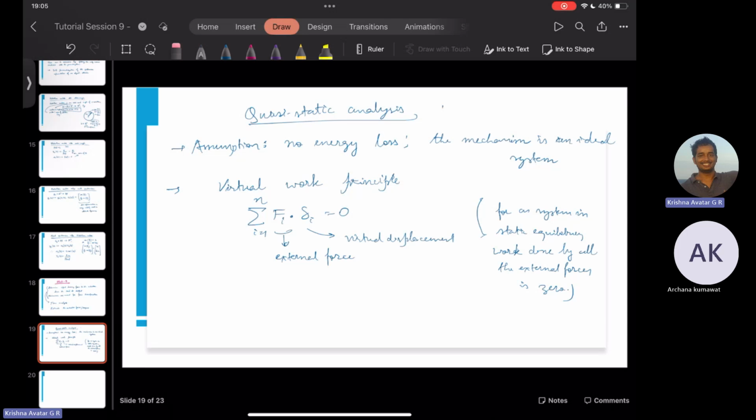And of course, this should be valid for any virtual displacements which are consistent with the constraints.